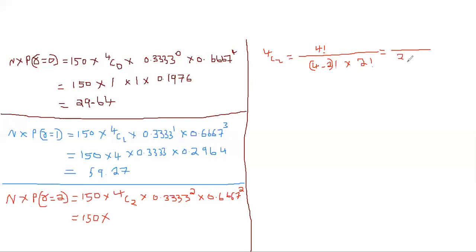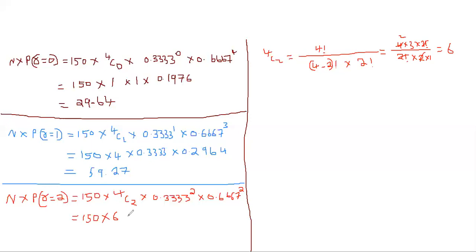So both are the same. One I will expand and one I will keep the same. So 4 I will expand up to 2 factorial: 4 into 3 into 2 factorial, divided by 2 factorial into 2 factorial. 2 factorial will be cancelled with the 2 here. So how much will we get? 2 into 3, 6. So the 4C2 answer you will get is 6.